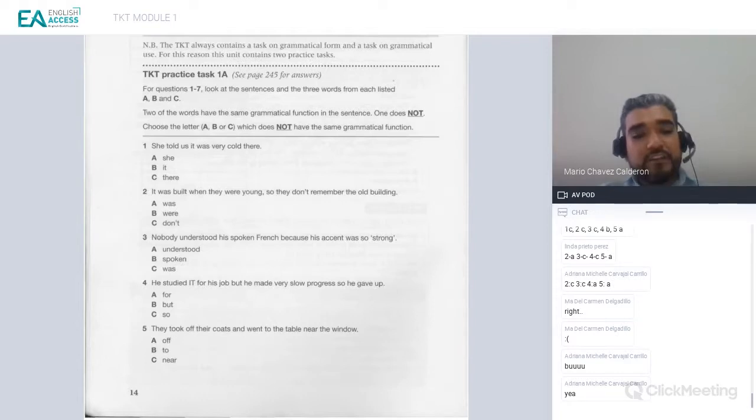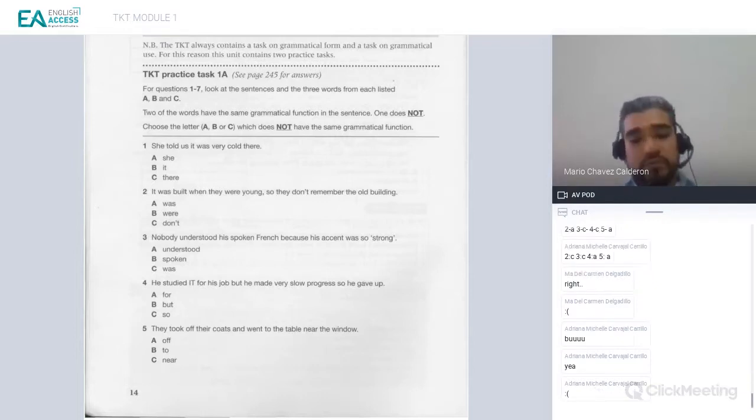They took off their coats and went to the table near the window. Off, to, near. In this case, the answer is A. Good job. Off. Very good. Off is a particle added to took in order to make a phrasal verb.